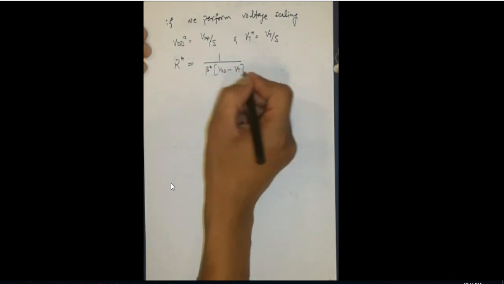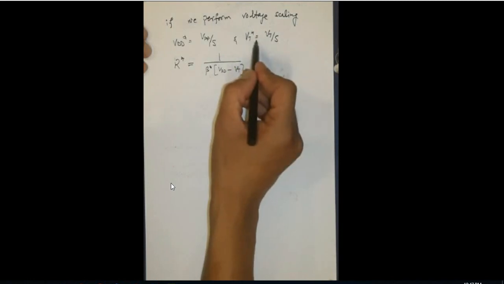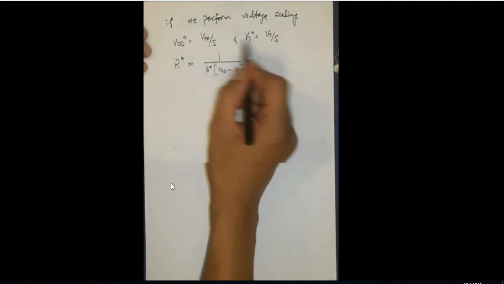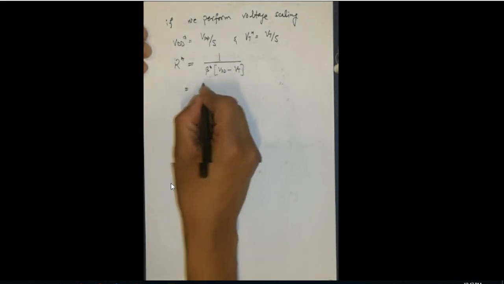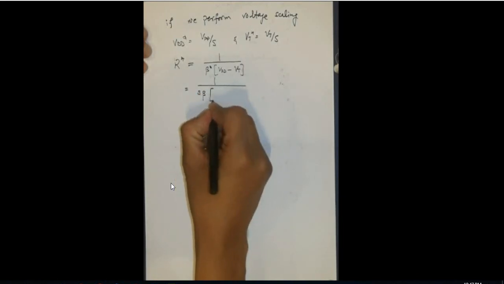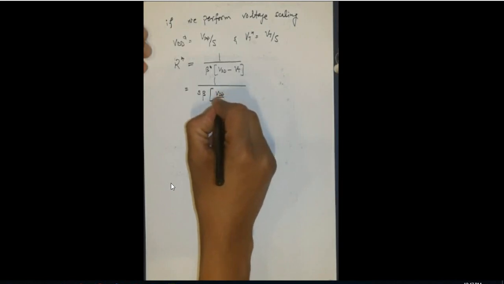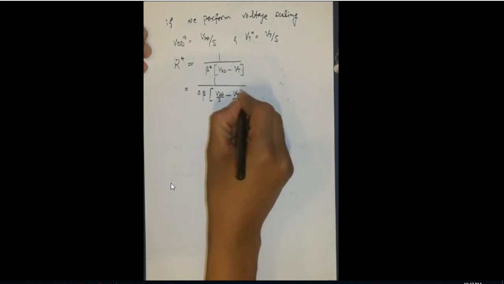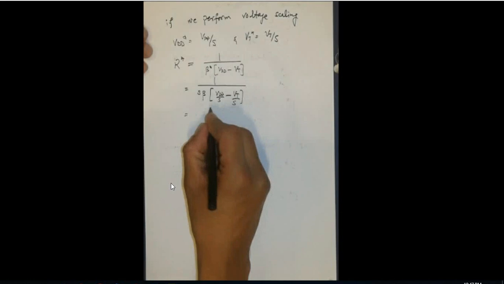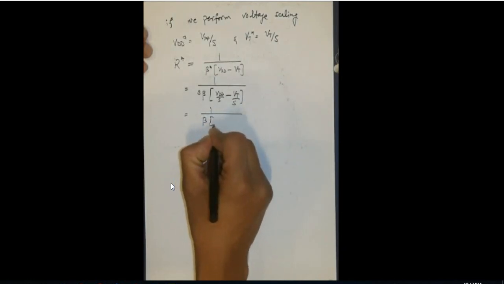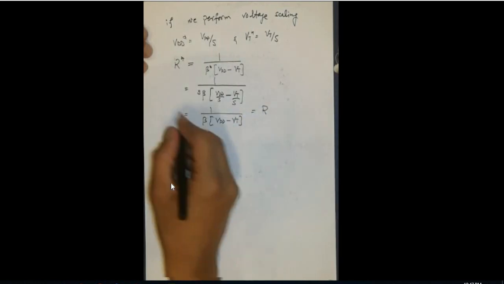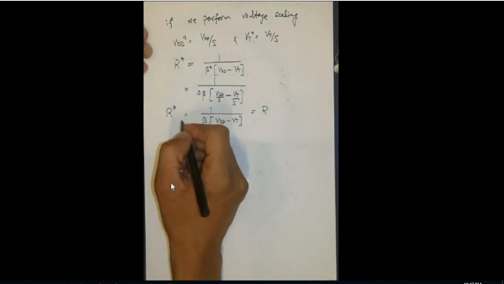If we put the values here that we just found out, we have assumed VDD will be VDD by S and VT by S. So this will be equal to 1 over S beta and VDD by S minus VT by S. If we solve this expression, we will get 1 over beta VDD minus VT, and this is equal to R.